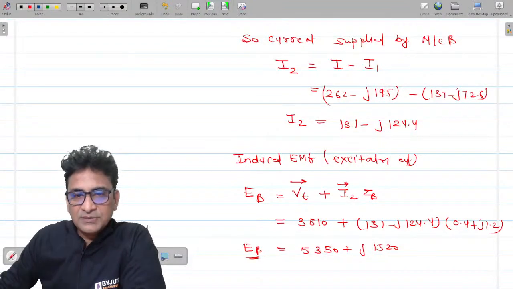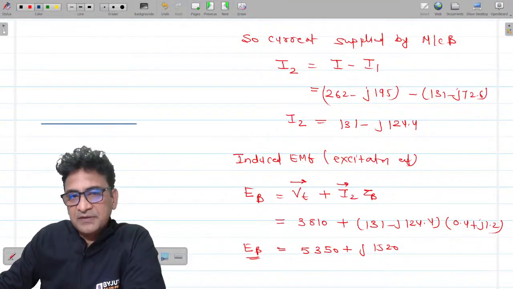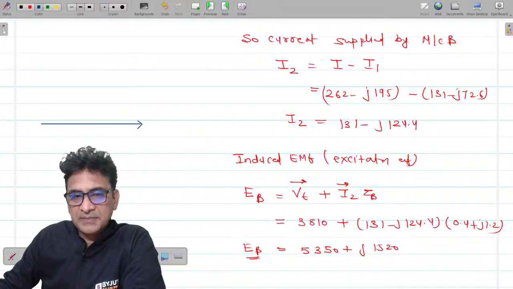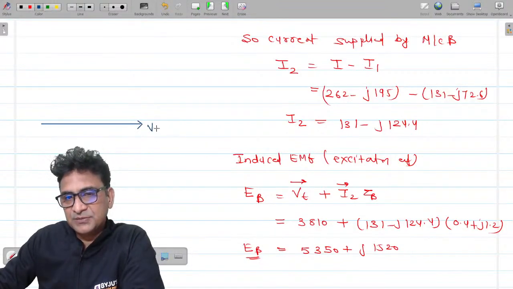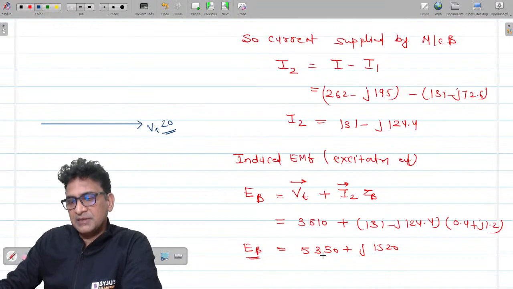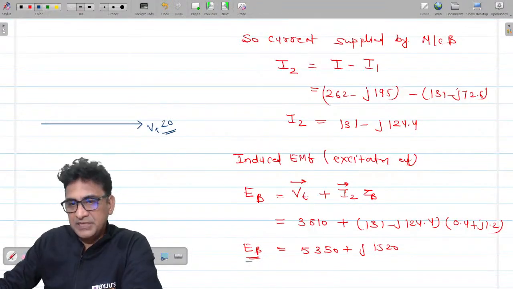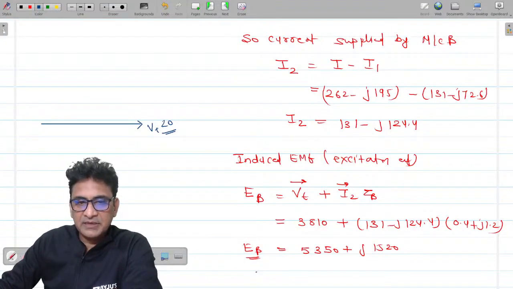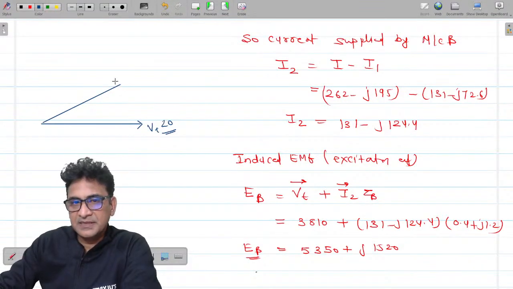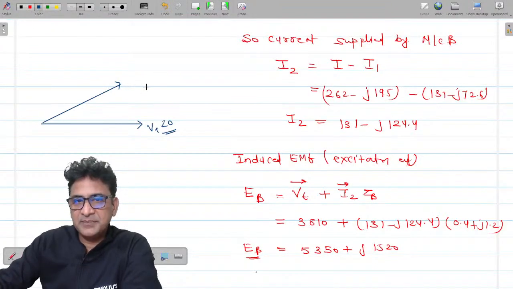Okay, now see, we have taken VT as a reference quantity. That means we assume the angle of VT as 0. Now we know this EB, so what is the angle of EB? The angle between VT and E is only the load angle. Is it clear? So suppose this is my EB, the angle between EB and VT is the load angle only.